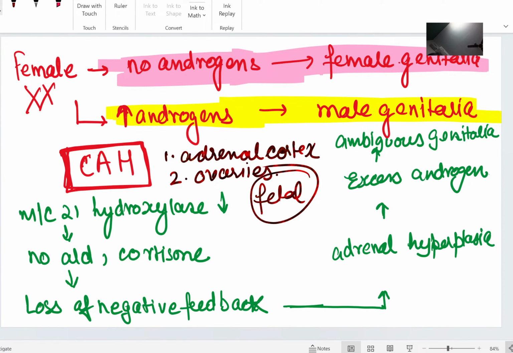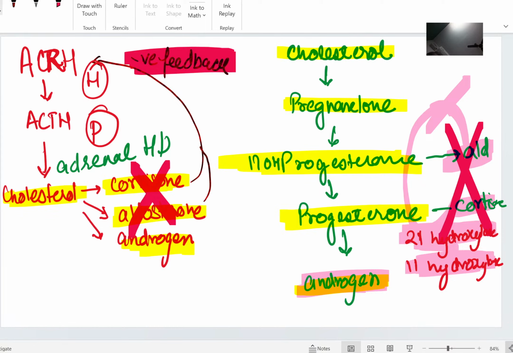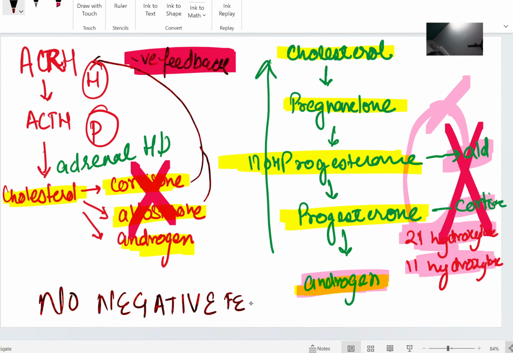So this whole pathway increases, because it is running the whole day. There is no negative feedback. Aldosterone and cortisol are absent, so there is no one to stop the pathway.